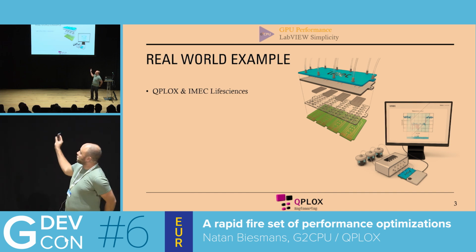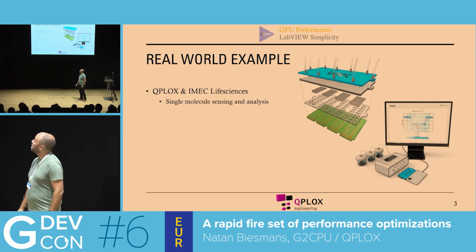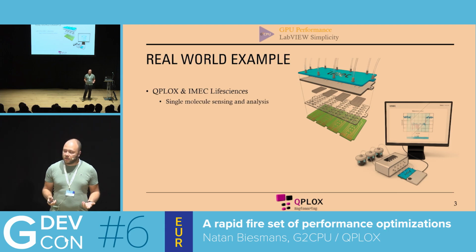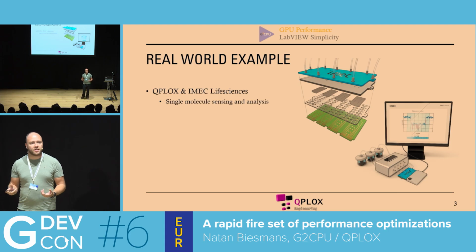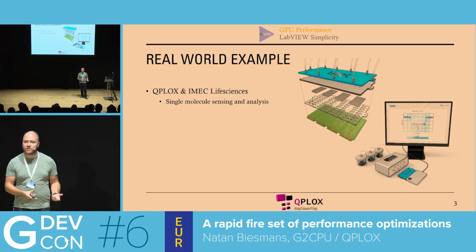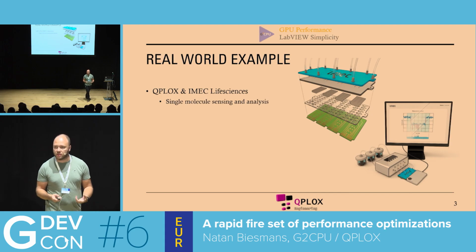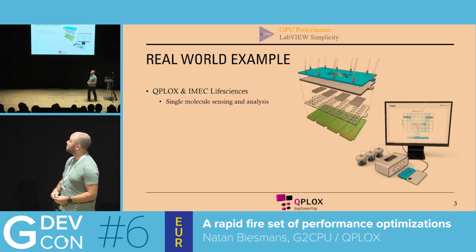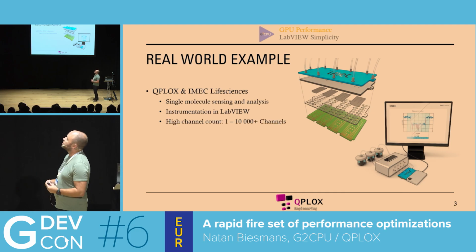This is a real-world example in which I'm involved, a project with Qblocks and IMAC. It's a single molecule sensing and analysis application. We're sensing molecules, DNA, proteins, and we're checking, okay, what do they look like? What's the distribution in a solution, blood, whatever? To call it high performance might be a little bit of an understatement.